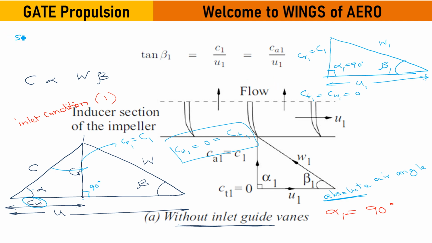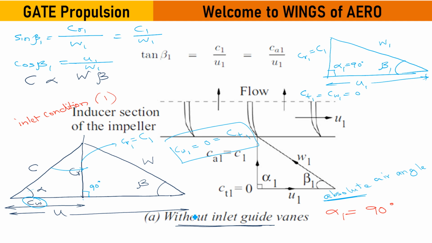Sine beta 1 means height by hypotenuse, CR1 by W1 or C1 by W1. Similarly, cos beta 1 equals U1 by W1. Based on the parameters given, you can find the unknown parameter.